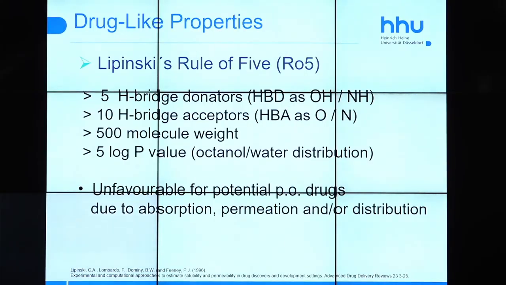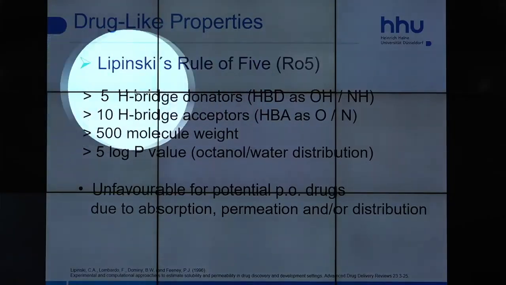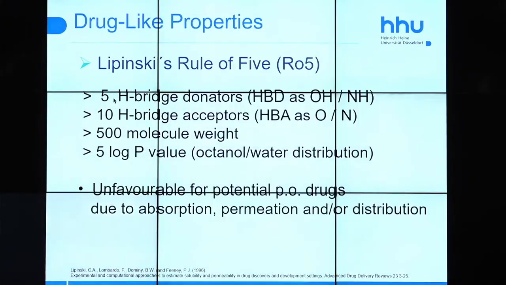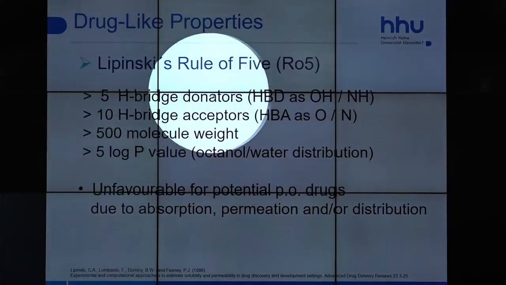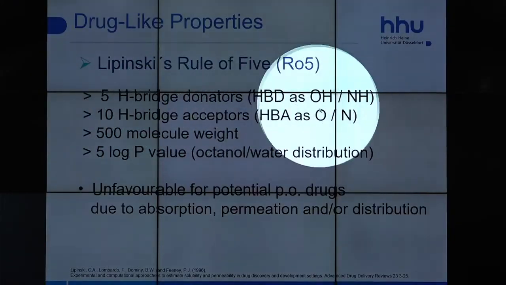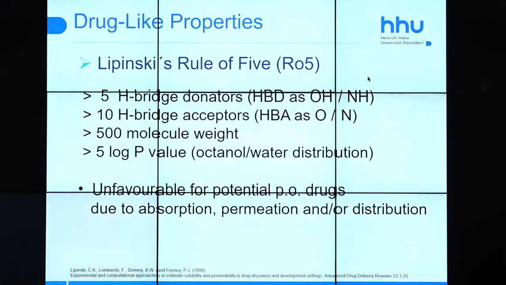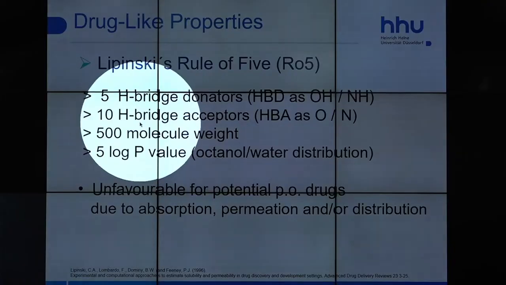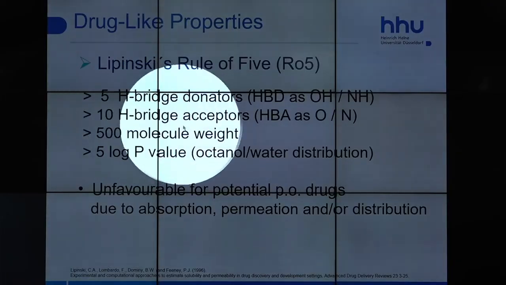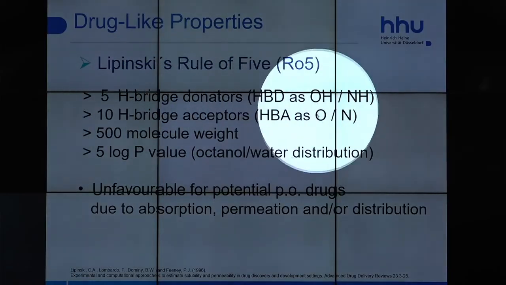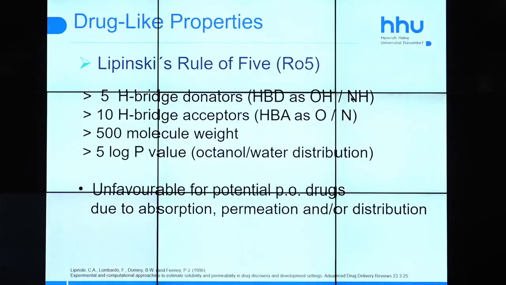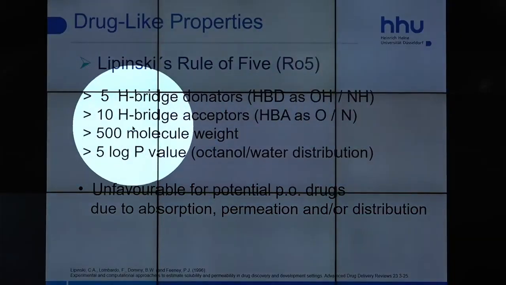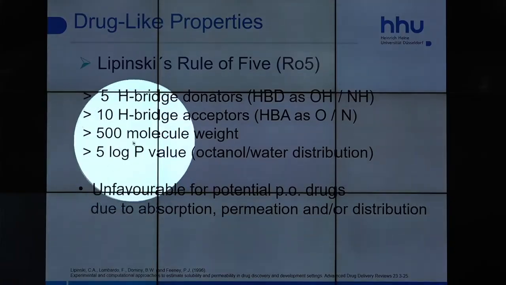This rule of 5 says that for a bad compound, you have more than 5 hydrogen bond donors, calculated as OH or NH, more than 2.5 times 5, namely 10, hydrogen bond acceptors, also calculated as O or N, a molecular weight higher than 500, or a log P value higher than 5.